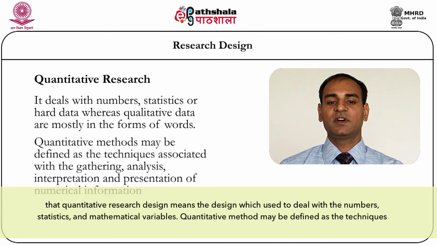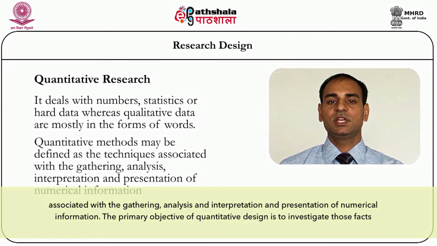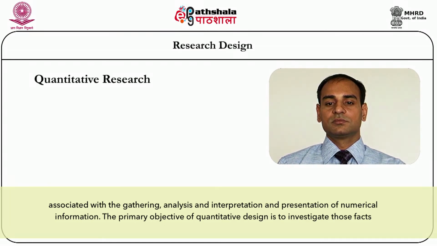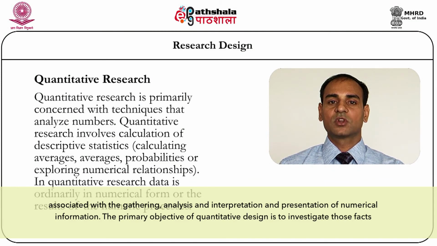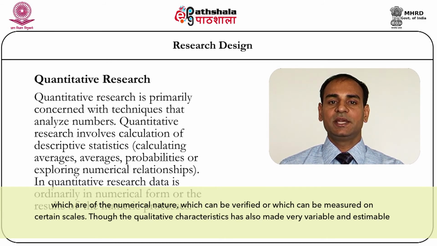Quantitative method may be defined as the techniques associated with the gathering, analysis, interpretation and presentation of numerical information. The primary objective of quantitative design is to investigate those facts which are of a numerical nature, which can be verified or measured on certain scales.